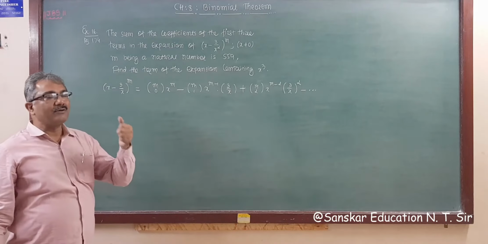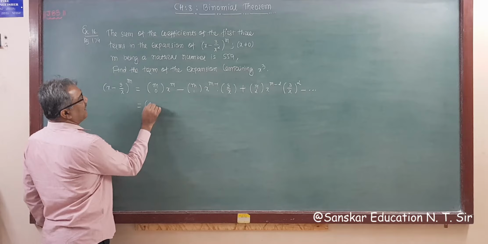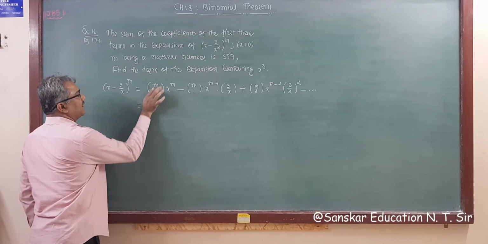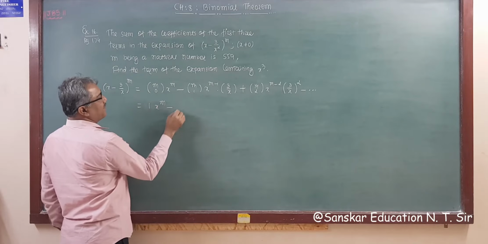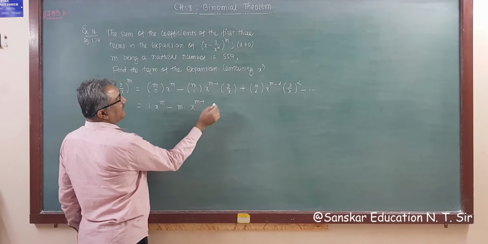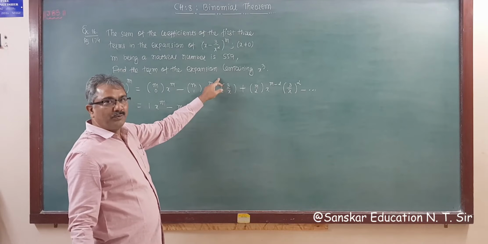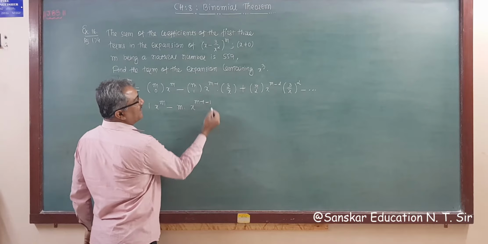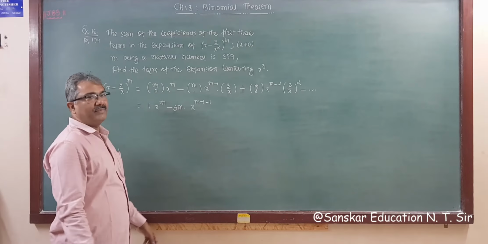We require only the coefficients of the first three terms. mC0 is 1, so 1 times x raised to m, minus mC1 is m, x raised to m minus 1, and this is x, so taking it to the numerator it becomes m minus 1, and this is 3, so I am writing 3m.